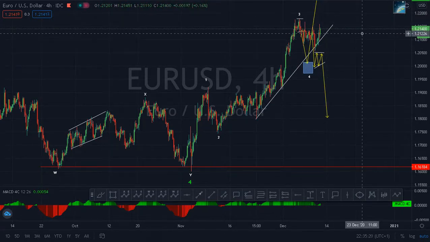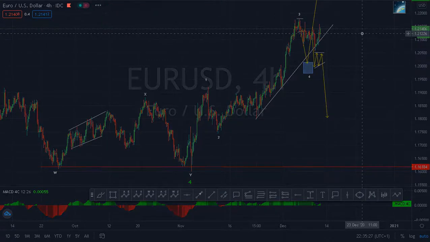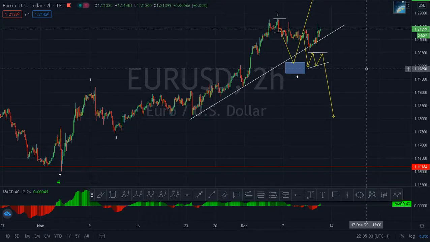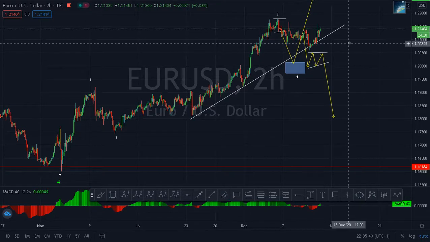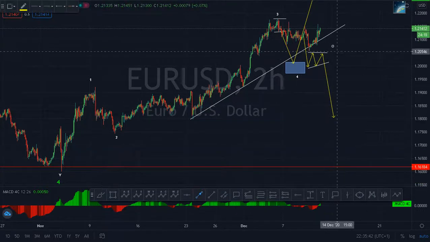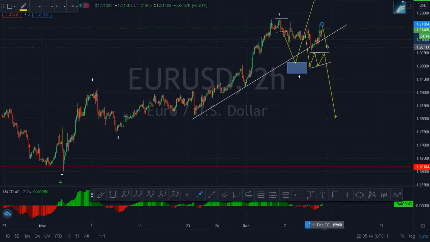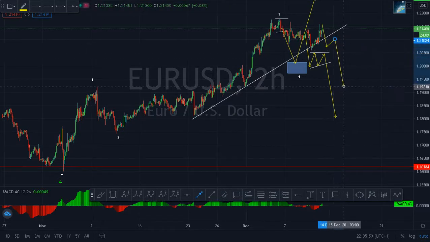But I don't like the pace. I don't like the way it is moving. It is moving correctively, and once the market begins to move correctively, we will see a change of movement. So I won't be surprised if tomorrow this price comes down here, makes a correction, and keeps coming down.